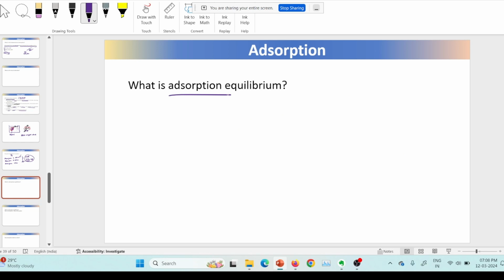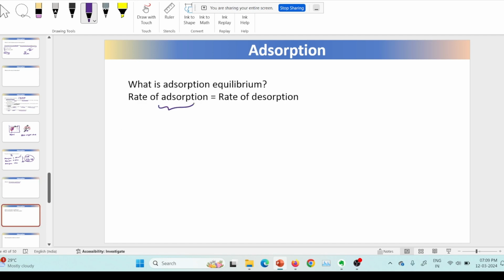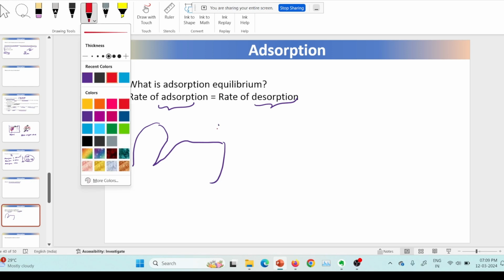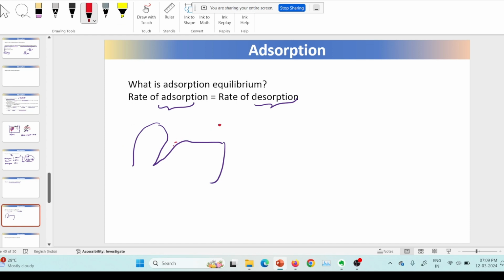So what is adsorption equilibrium? When the rate of adsorption is equal to the rate of desorption, this is called adsorption equilibrium. Let's understand what is adsorption and what is desorption. Let's say this is the surface, this is the pore, and this is the adsorbent. Let's make it colorful. The adsorbent is coming inside. There are multiple adsorbents.